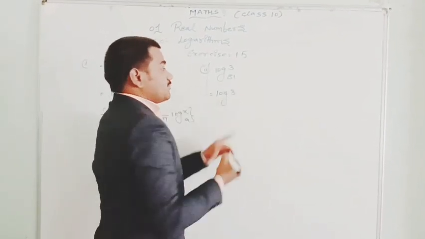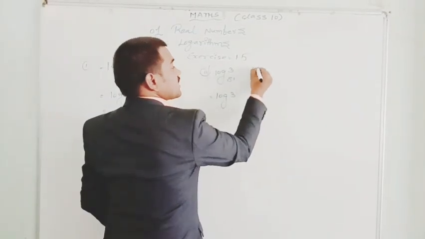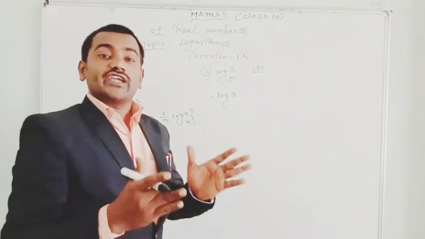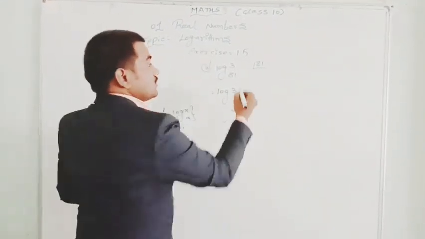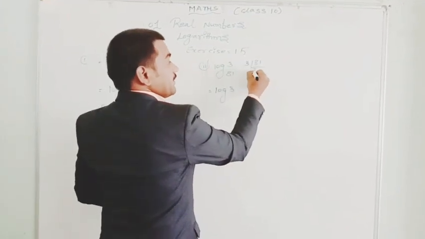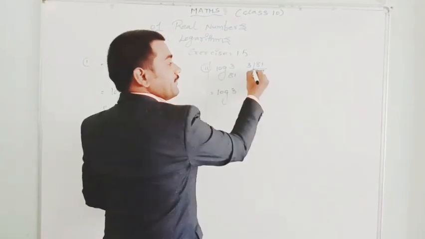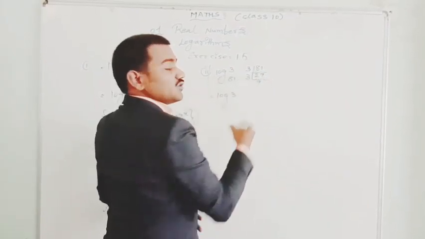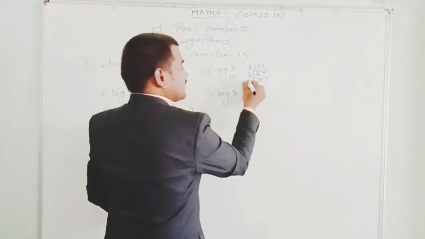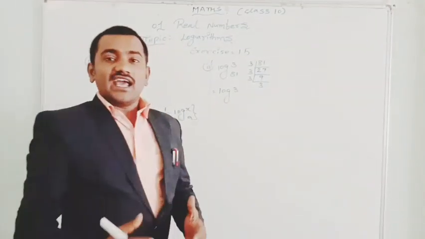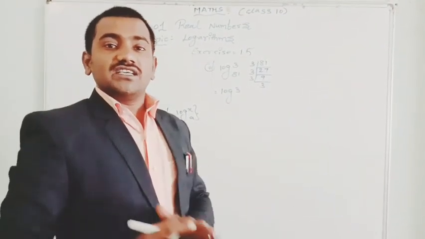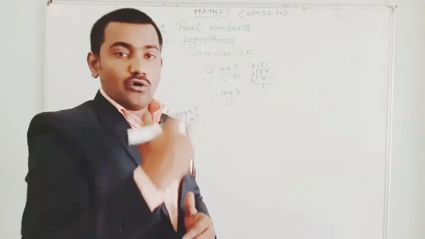To understand how we can write 81 as a power of 3, you factorize it: 3 times 3 is 9, 9 times 3 is 27, 27 times 3 is 81. Hence we can write 81 is equal to 3 to the power of 4.